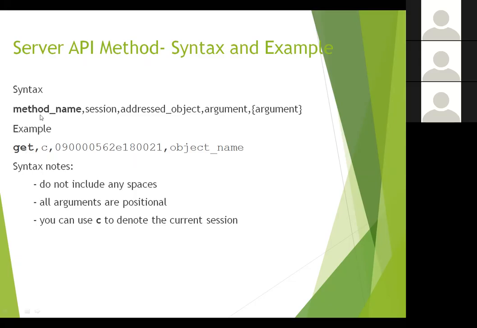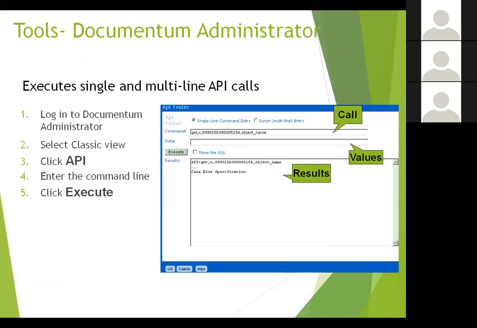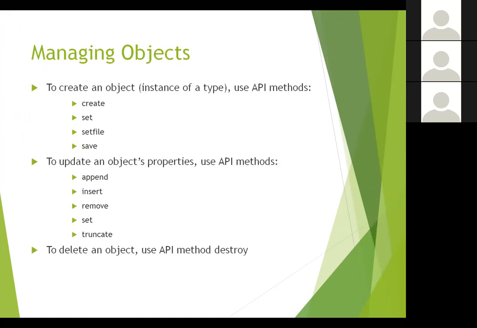We have further commands, and let's see what is the purpose of them. To create an object, we have the create command, set file command, and save command. We'll see how to use these commands.